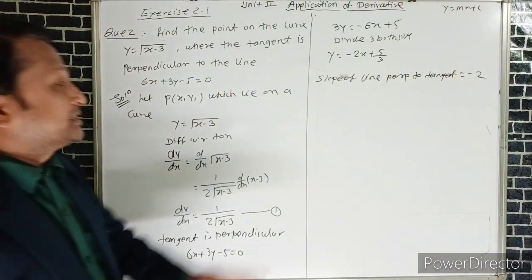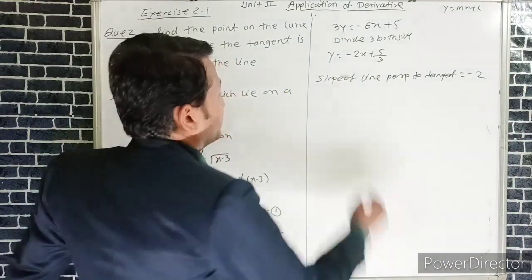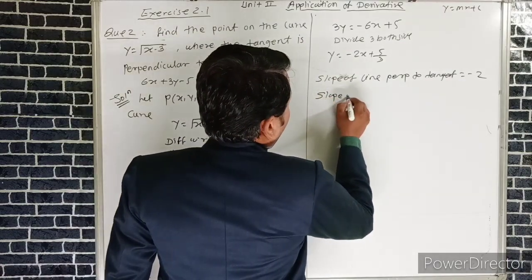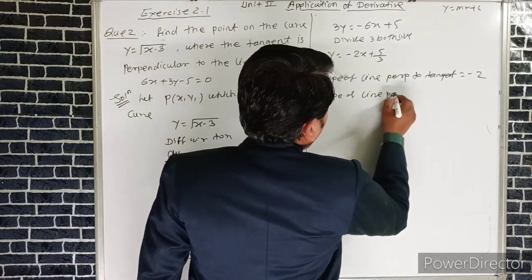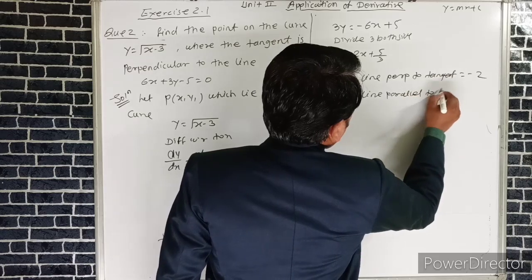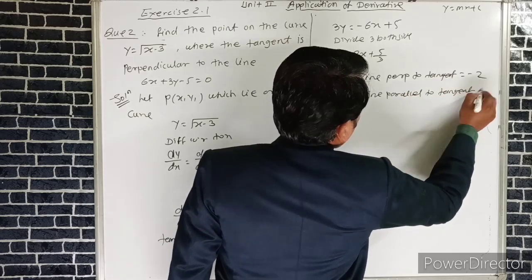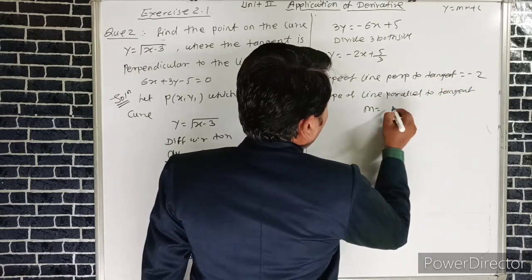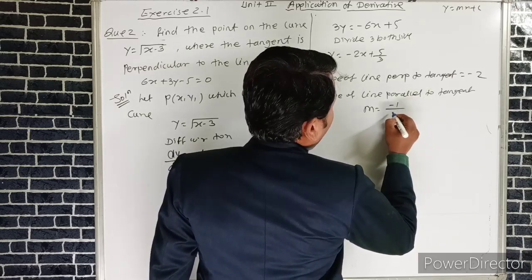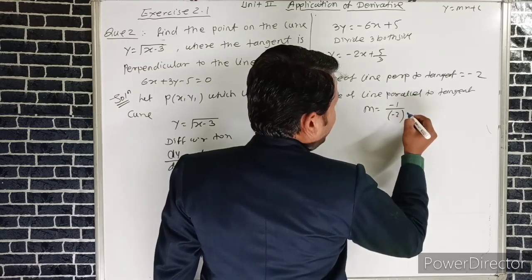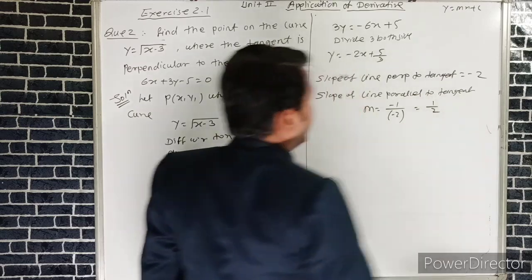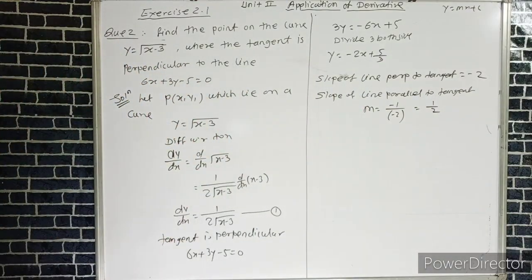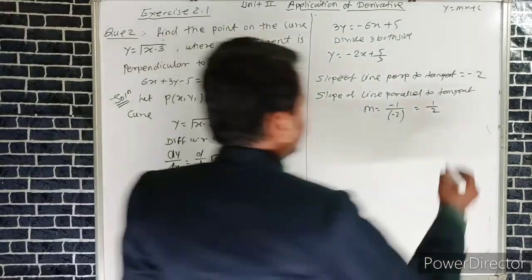By using this we can find the slope of the line parallel to the tangent, which means m equals minus 1 upon minus 2. We can write it as minus minus plus, 1 by 2, which is equation number 2.